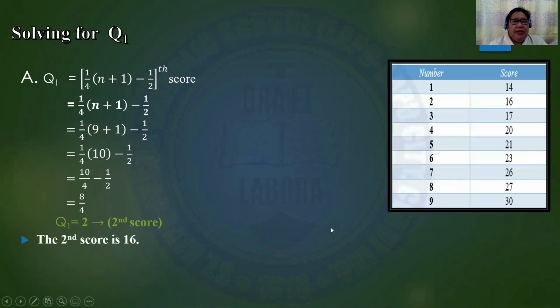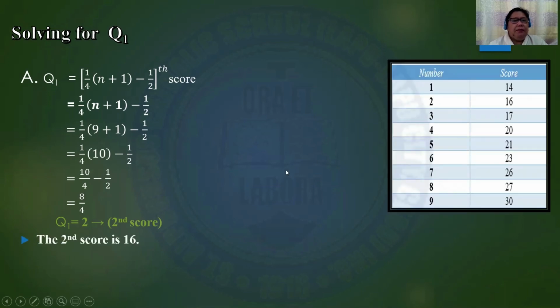Take the LCD, which is 4. And 4 divided by 4 is 1 times 10, it's 10. 4 divided by 2 is 2 times 1 is 2. So we have 10 minus 2, it's 8 over 4, which is equivalent to 2. So we are looking for the second score. And the second score is 16.